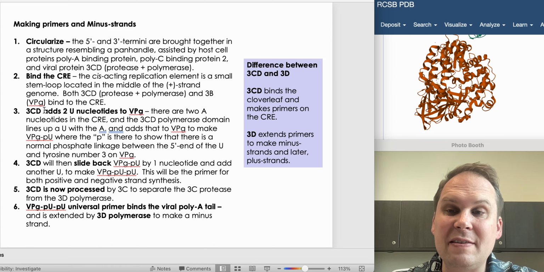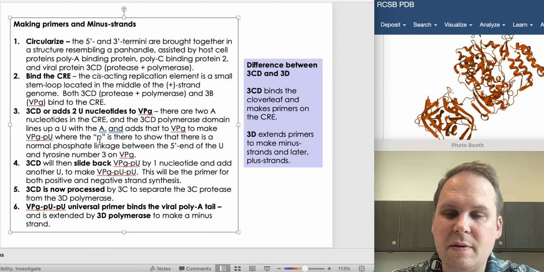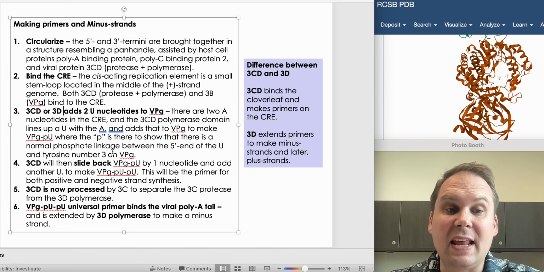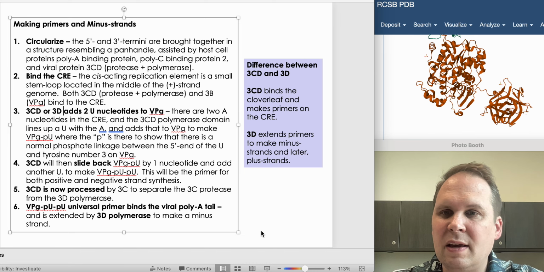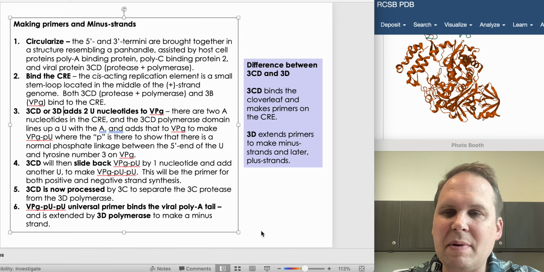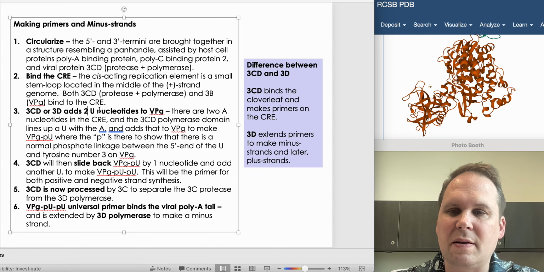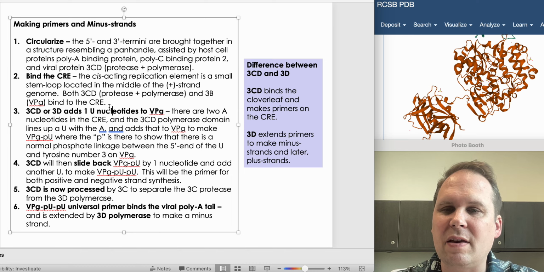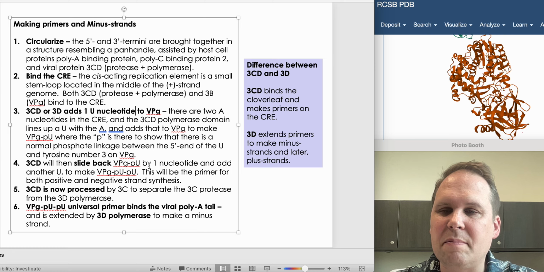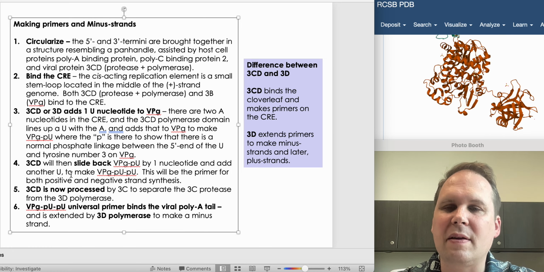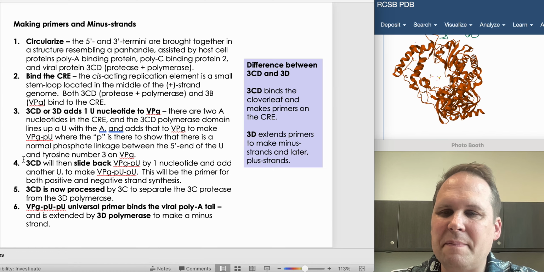Then either 3CD or 3D is going to add two nucleotides to the VPG. And so that happens one at a time, and in between it's going to slide back. So let's say it'll add one nucleotide to the VPG, and then it will slide back and add another U, and there we go. So that's now much more correct.